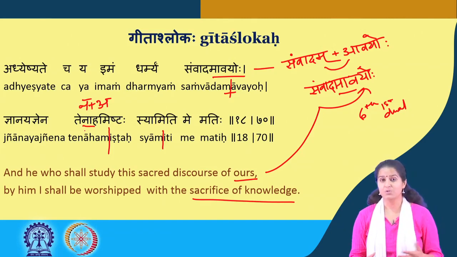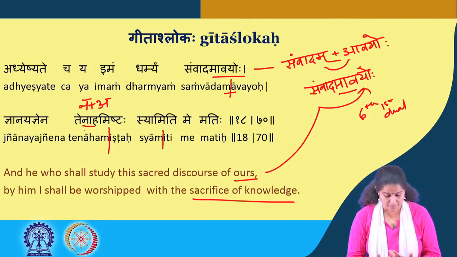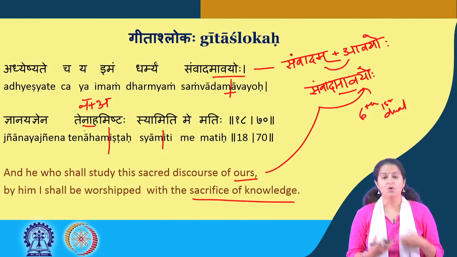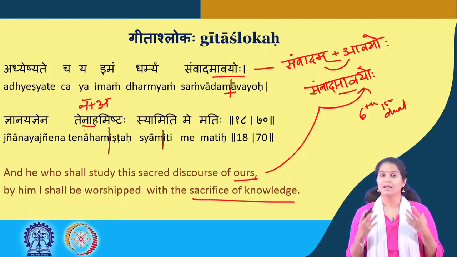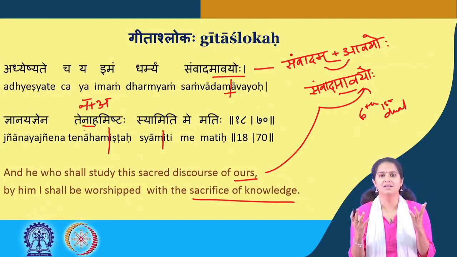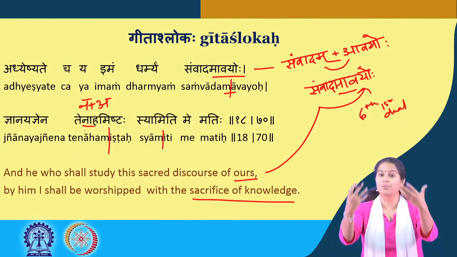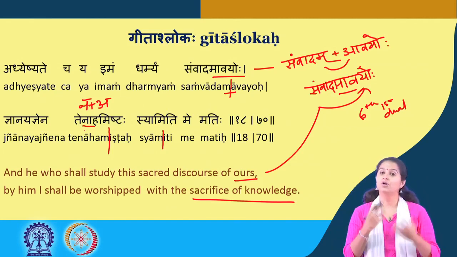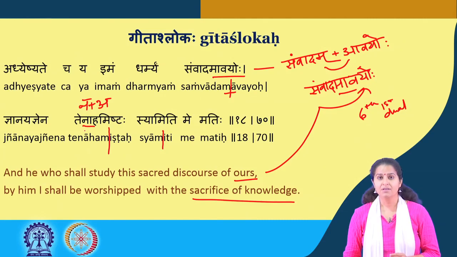Alright, so again very big learning there for us. What is it that the Gita has to offer to us? It has to offer this whole possibility of understanding oneself better and of approaching the Supreme Divinity through knowledge.